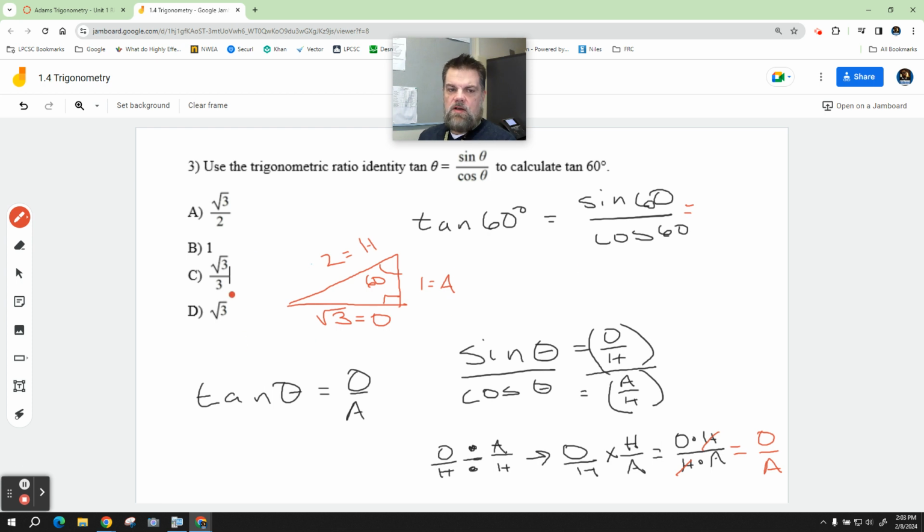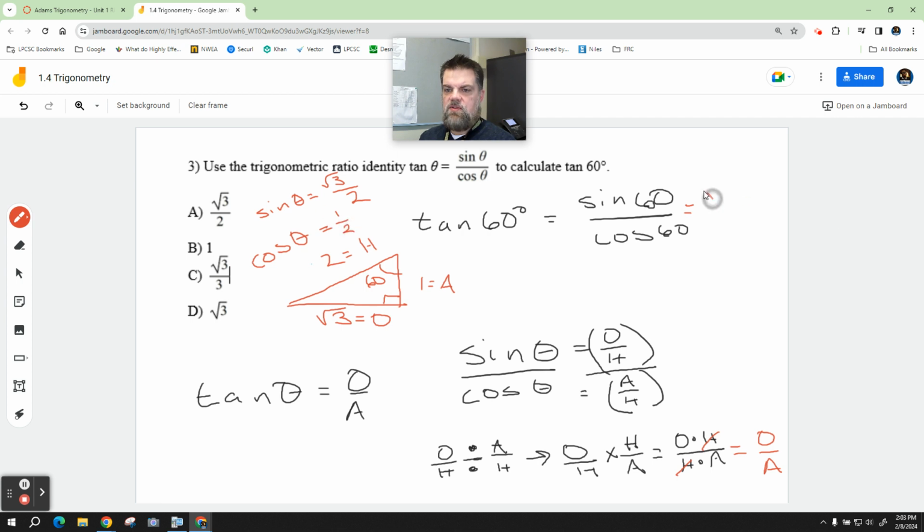So also sine of theta is the opposite, which is the square root of 3, all over 2, which we just said on the other problem, right? Cosine of theta is just going to be 1 over 2, right? The adjacent over the hypotenuse.